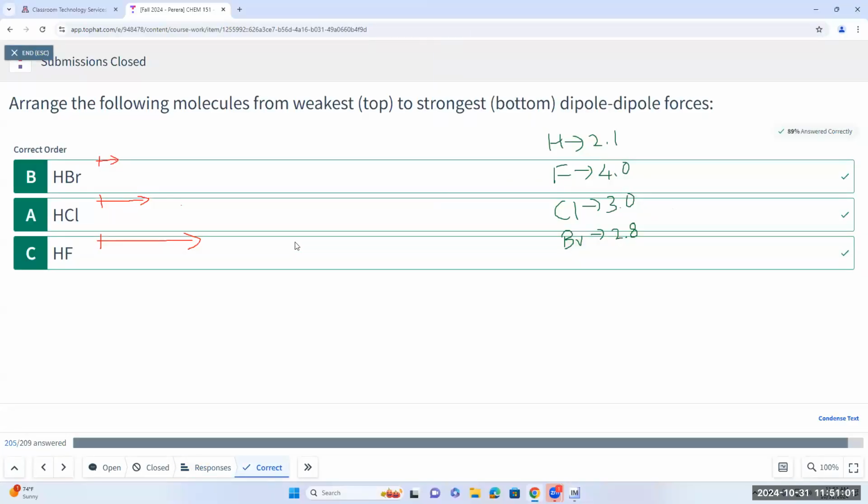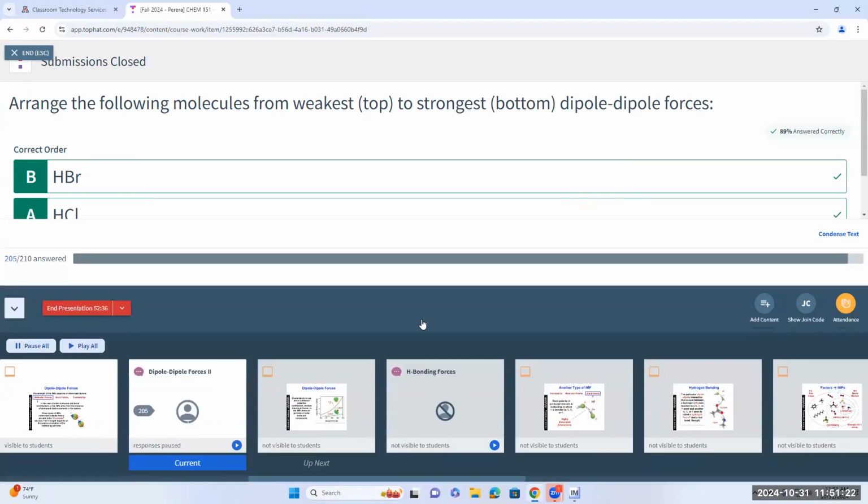All right, almost 90%. What questions, concerns, comments do we have at this moment? Right. And this is all we need to know about dipole-dipole forces. Wonderful. All right. And with that, I'm going to clear my doodling.